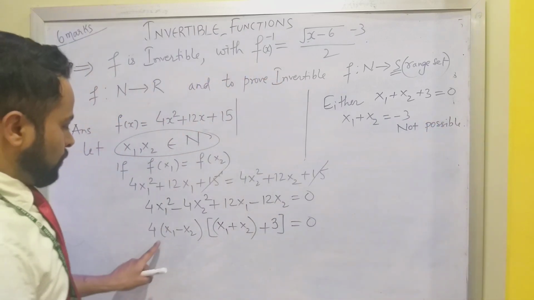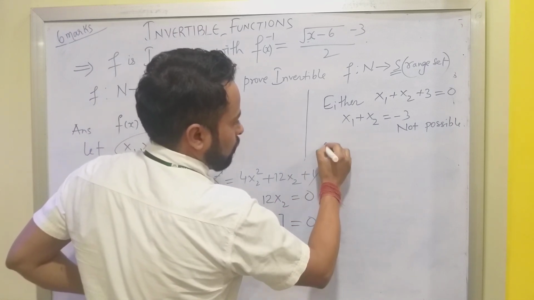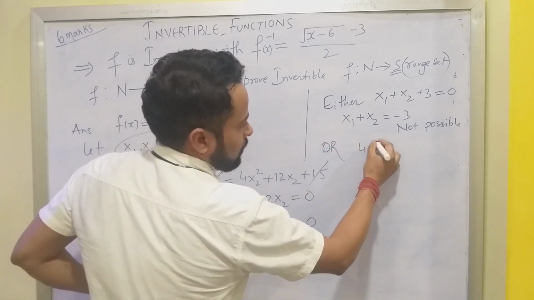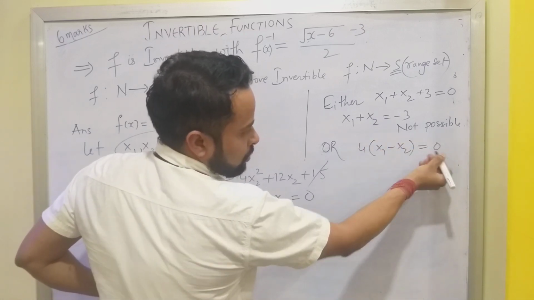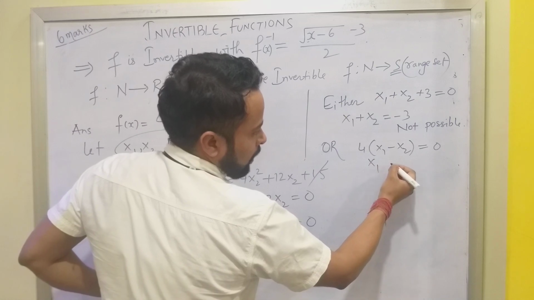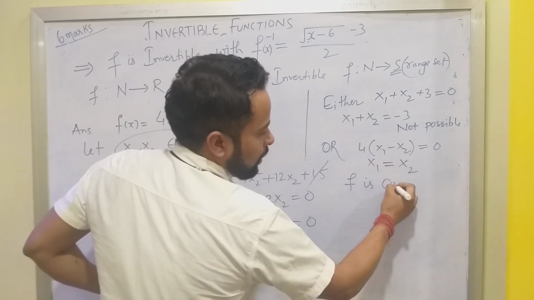So what next? 4 times x1 minus x2 equal to 0. 4 is not 0, so x1 minus x2 equal to 0, x1 equals x2, f is 1-1.